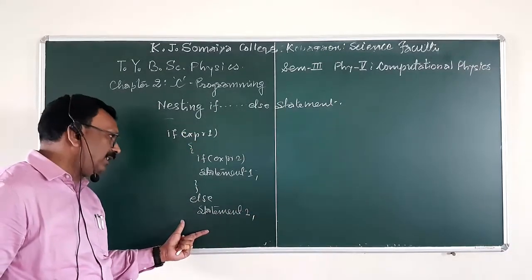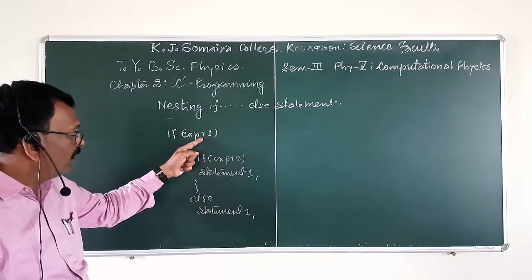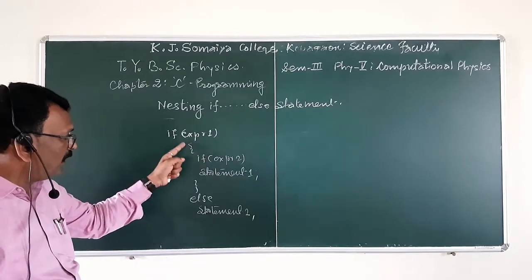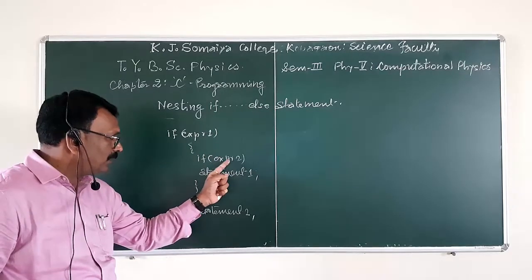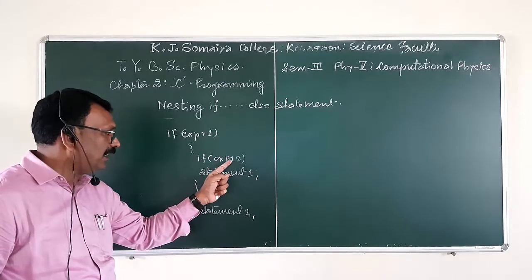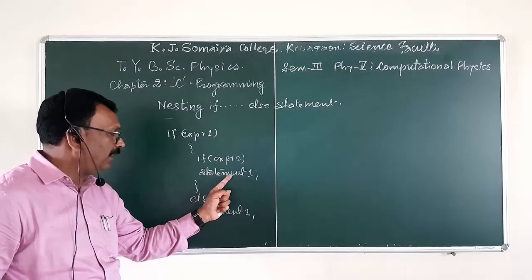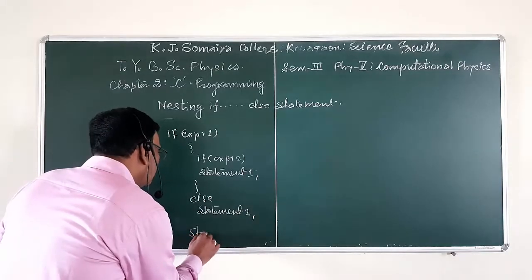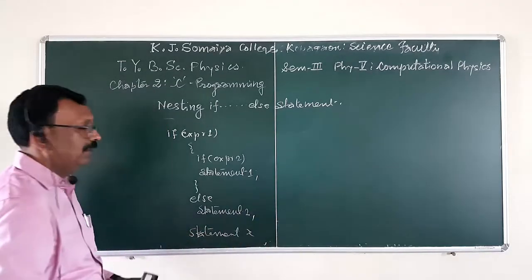See here, once again, how this statement executes. The execution is in the same way. If the condition is true, then control enters the body of this if statement. Again it checks the second condition. If this condition is true, then statement 1 is executed and control transfers to the next statement, say x.